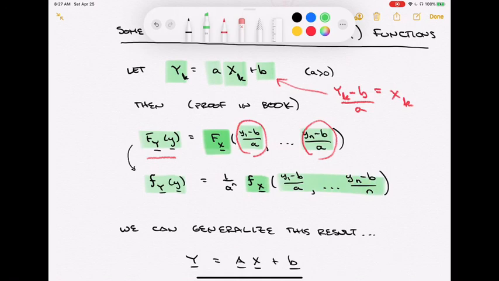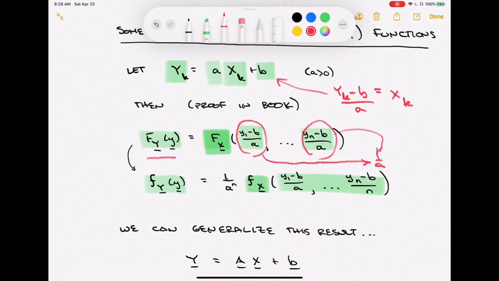Each time we differentiate, we have to differentiate those arguments as well, right? So when I differentiate this argument, for example, with respect to y1, I'm going to get 1 over a. When I keep doing that all the way out to the last one, (yn minus b) over a, and I differentiate that one with respect to yn, it's also going to give me a term 1 over a.